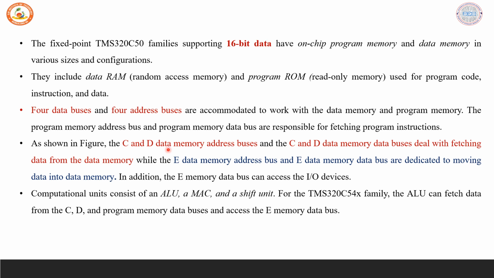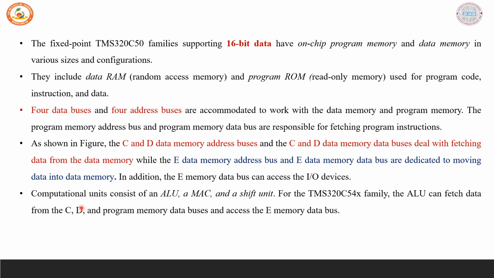The C and D data memory address buses and data buses are meant to deal with fetching data from the data memory, whereas the E data memory address bus and data bus are dedicated to moving data to data memory. In other words, C and D are there to fetch the operands, whereas E is there to store the final result. Additionally, the E-memory data bus can access the input-output devices.